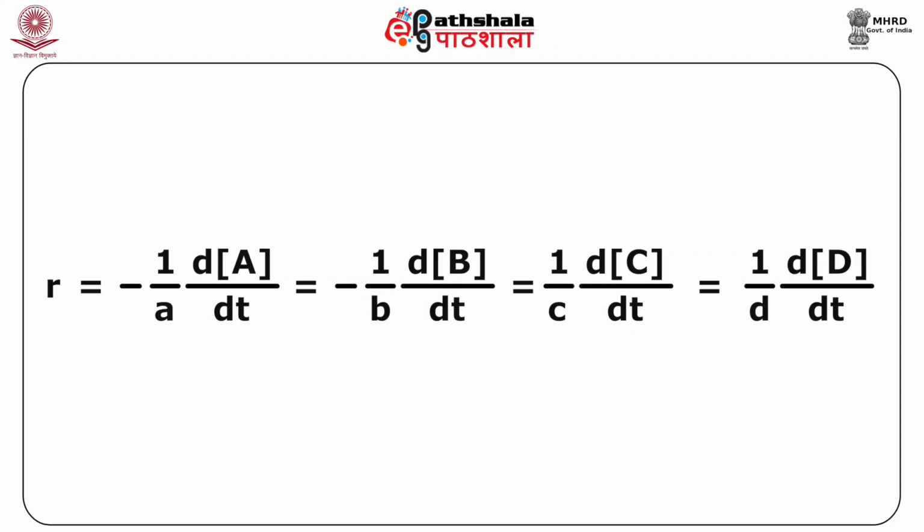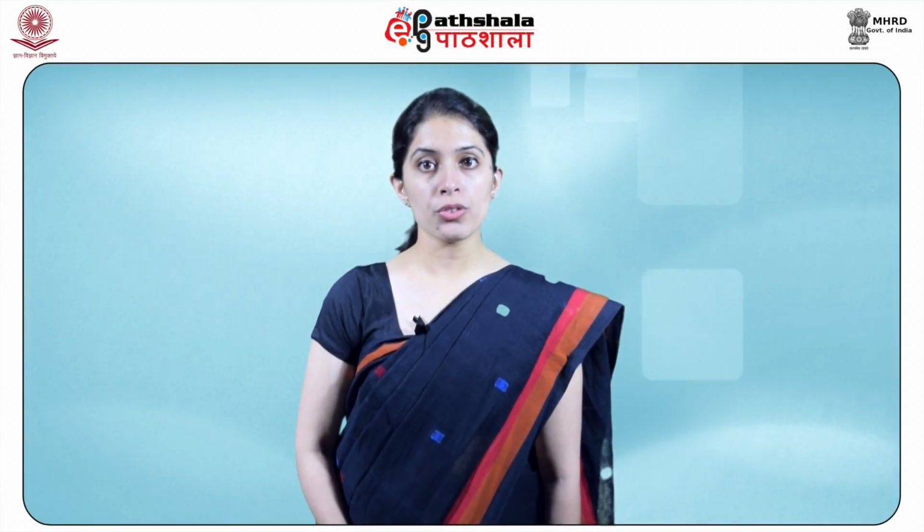For products, we have 1/c d[C]/dt equals 1/d d[D]/dt, where a, b are the stoichiometric coefficients of the reactants and c and d are the stoichiometric coefficients of the products. Now, from this we can say that unit of rate of the reaction is concentration time inverse. Since concentration is expressed in moles per liter and time in seconds, so the unit of rate of the reaction becomes moles per liter per second.